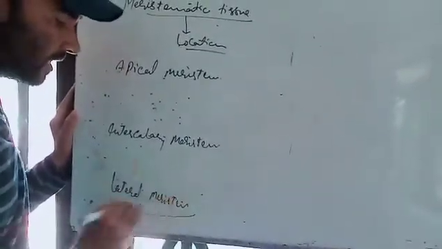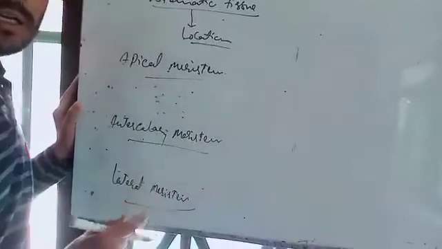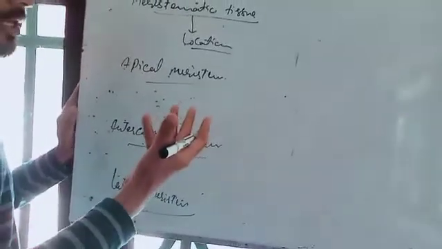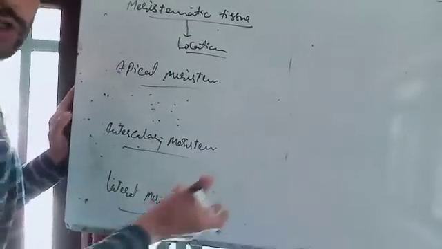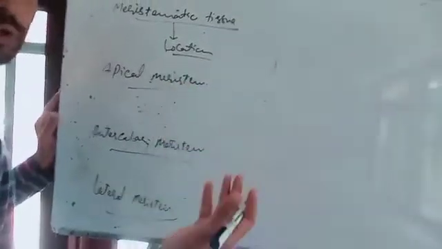I will explain these three types of meristems. I have already talked about these three types according to their position in the plant, which I showed you yesterday.